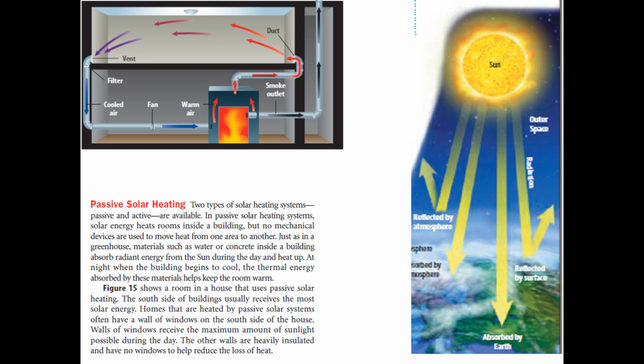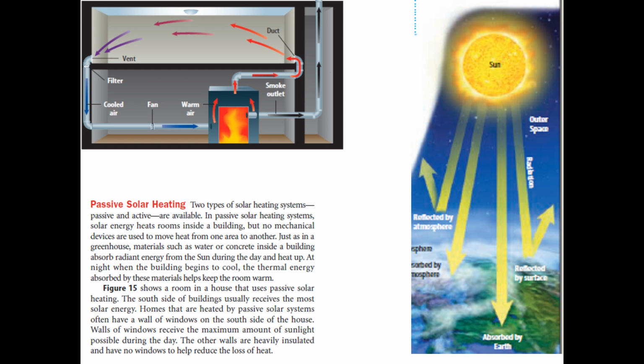And lastly, to summarize the passive solar system. Two types of solar heating system, passive and active, are available. In a passive solar heating system, solar energy heats rooms inside the building, but no mechanical devices are used to move heat from one area to another.